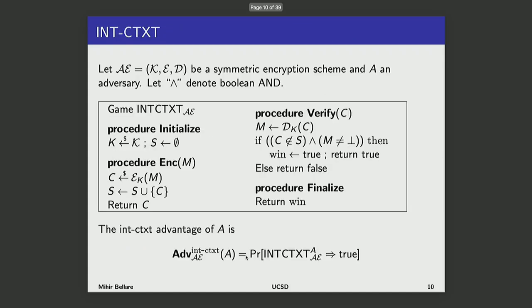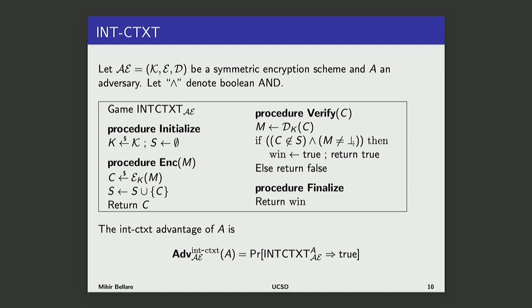So remember, what it means is, is it possible for the adversary to create a ciphertext which it would query here, which when decrypted would result in something that's not the bot symbol? Okay? So all you have to do is not have the bot symbol emerge on the decryption.